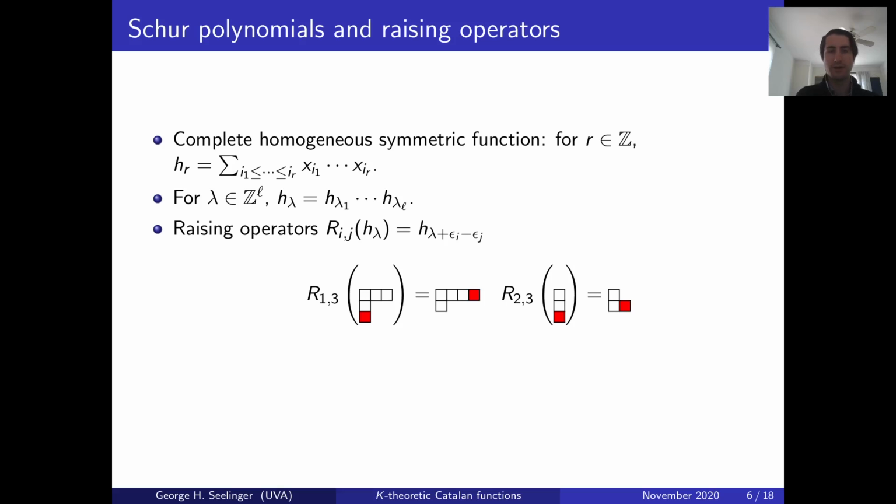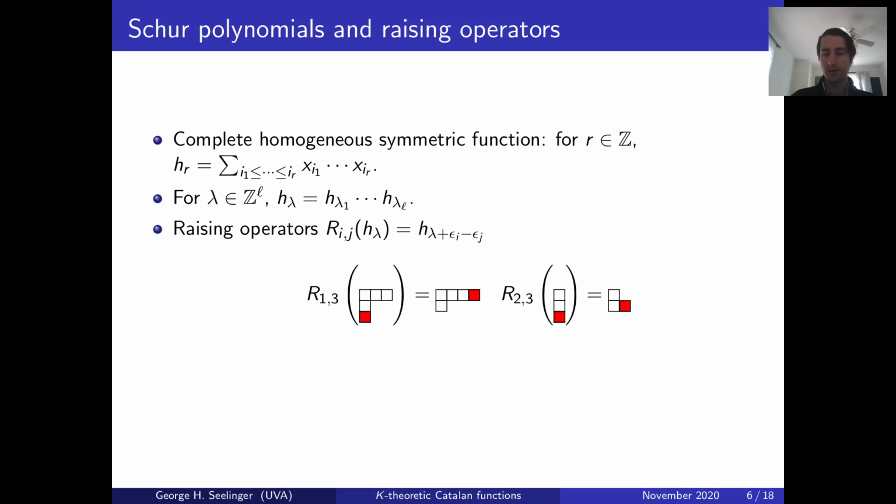This is how the raising operators get their name pictorially, because they take a box from, say, row 3 here and move it up to row 1. Similarly, in this other example, we act on this shape and bring up a box from row 3 to row 2. Notably, we're working here with integer vectors, and so the result may or may not be an integer partition. But this makes total sense with the definitions we have from above.